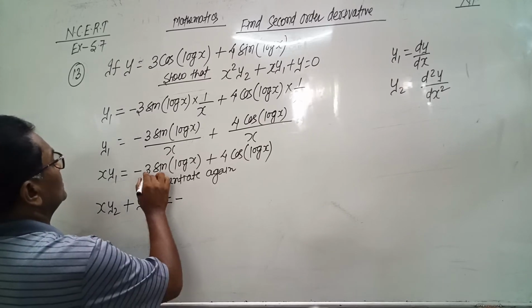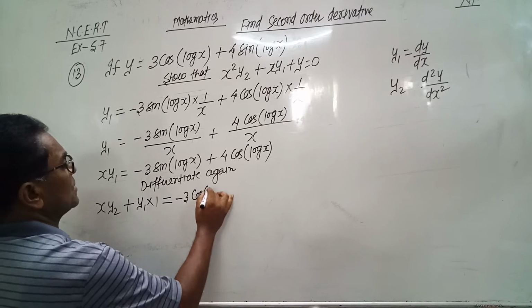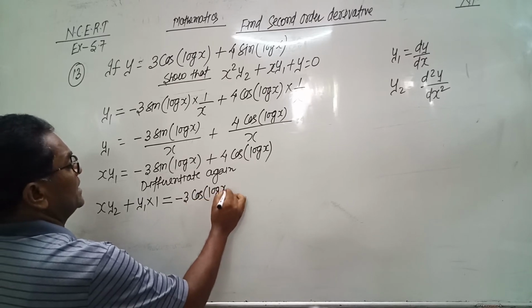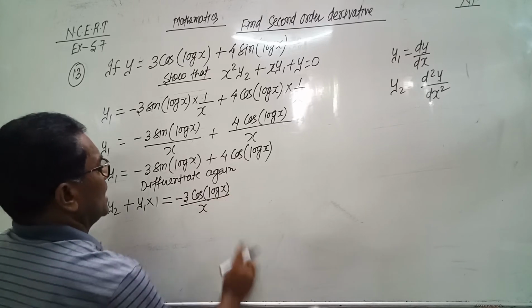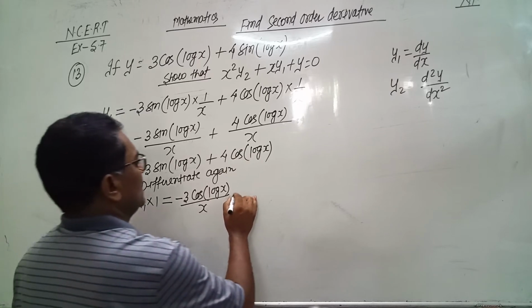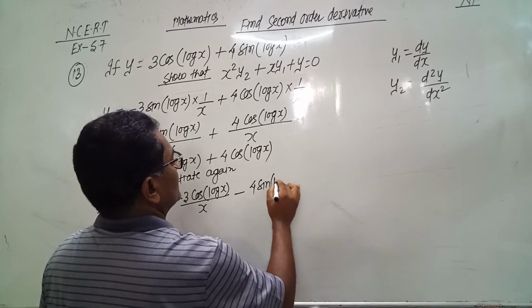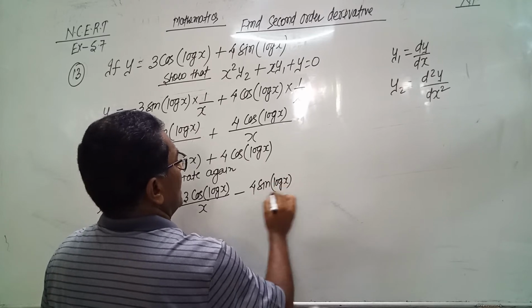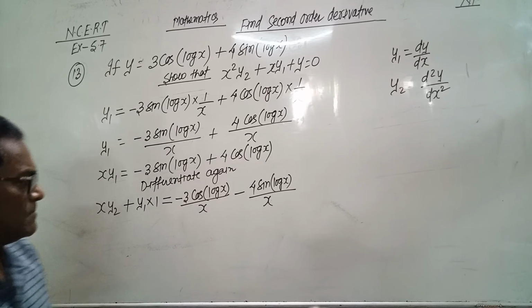Minus 3 as it is, differentiation of sin log x is cos log x, and differentiation of log x is 1 by x. And plus 4 as it is, differentiation of cos log x is minus sin log x, and differentiation of log x is 1 by x.